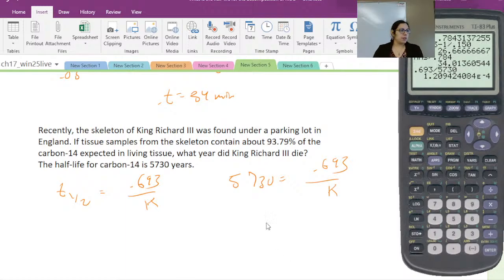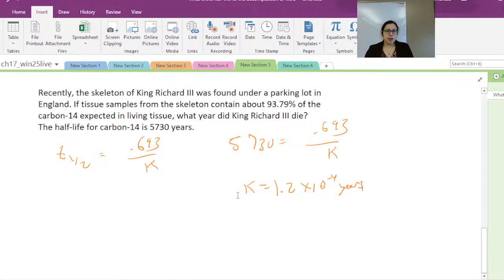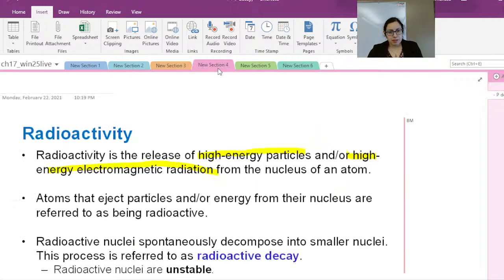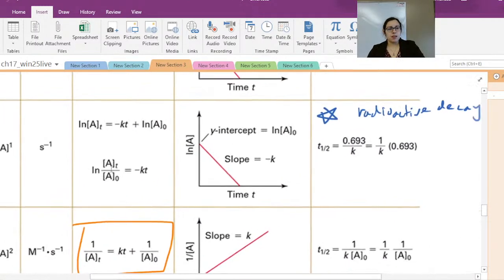So then we're given our K, and now this is in years, so 1.2 times 10 to the negative 4 per year. And then 93%, so we can set up our other equation of part over whole. I just took this equation.